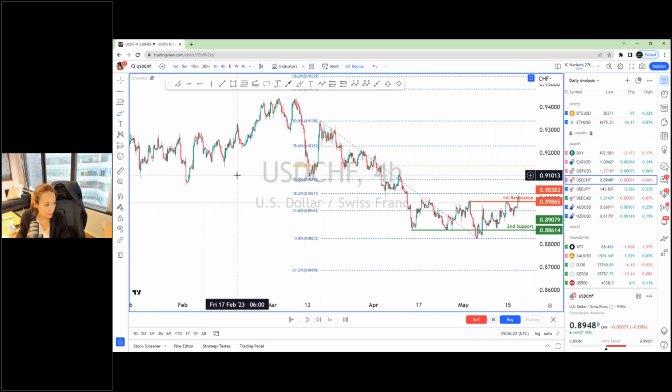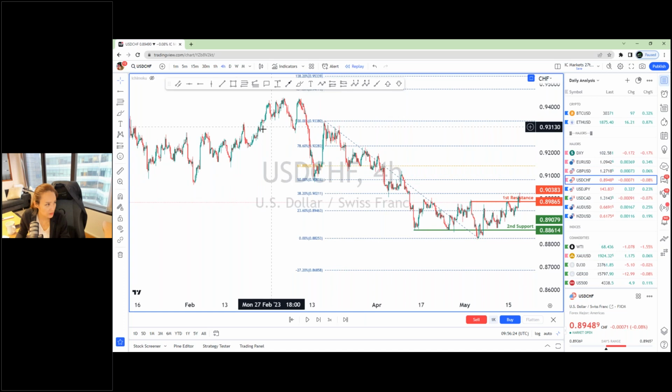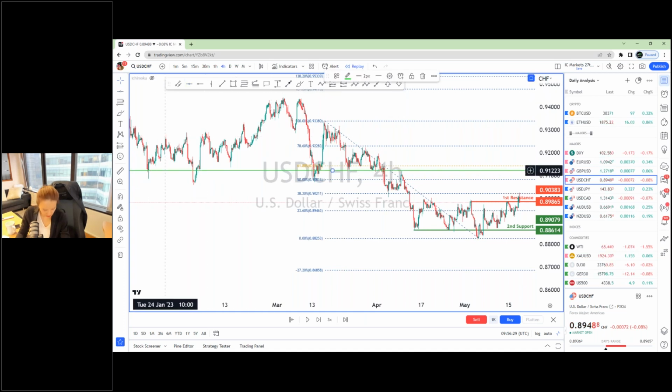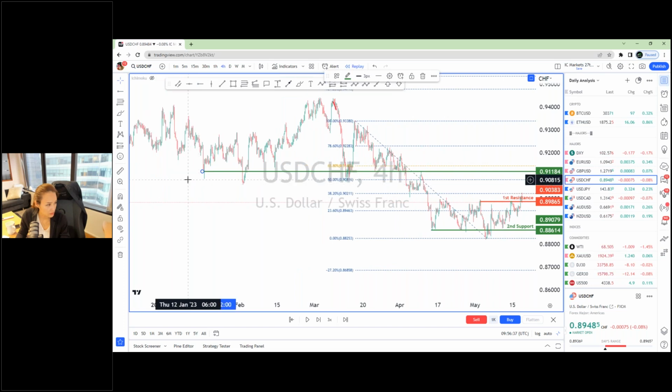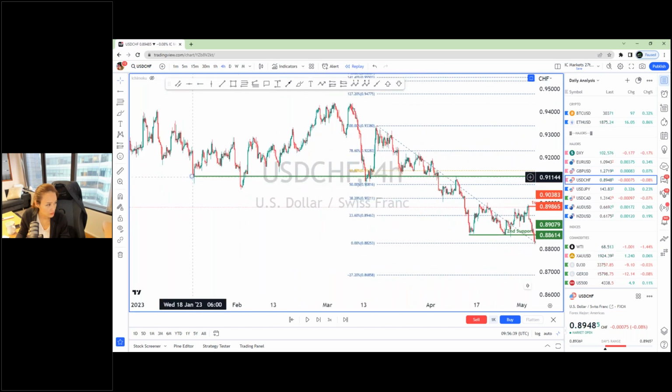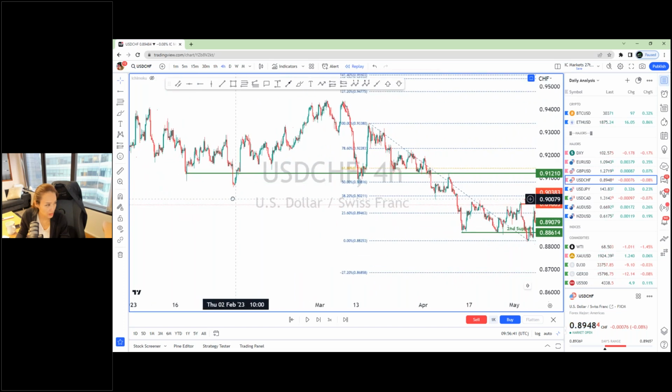Okay, and this is the level that I'm looking at. Okay, this is the area. This could be my support, right?